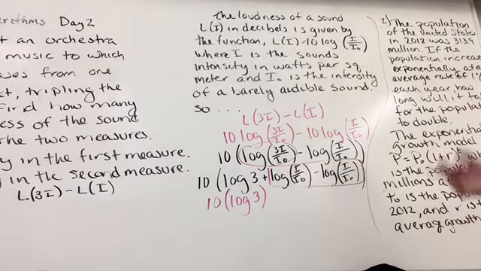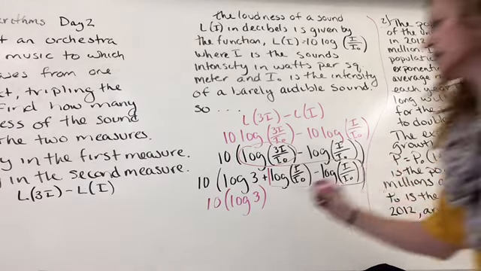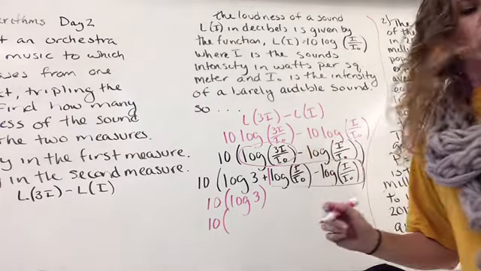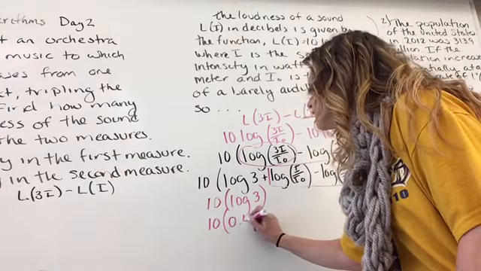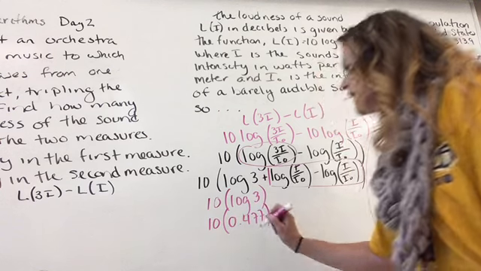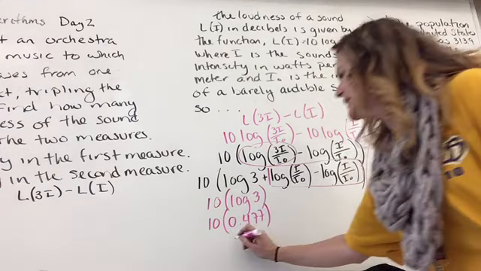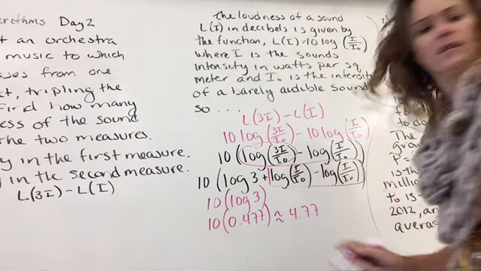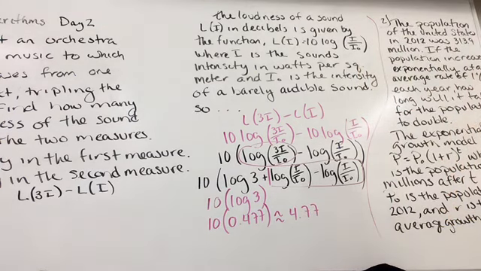Well, the log of 3 is something we can plug into our calculator because that's base 10. When I plug the log of 3 into my calculator, I get a decimal, which is about 0.477. And when I multiply that by 10, I get approximately 4.77. And that is the loudness.